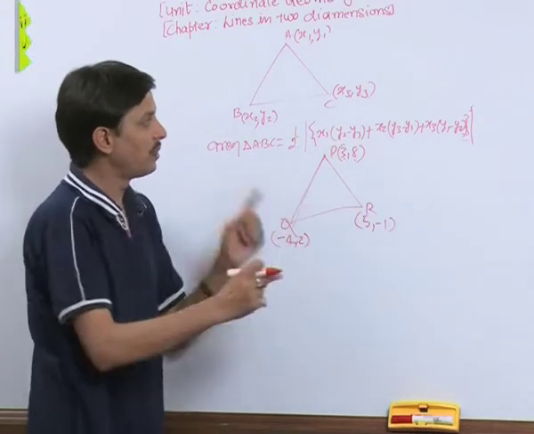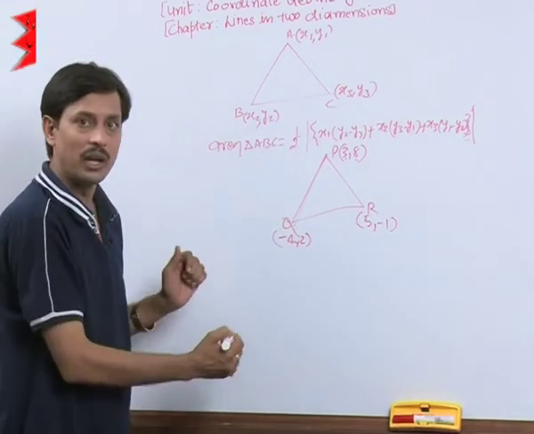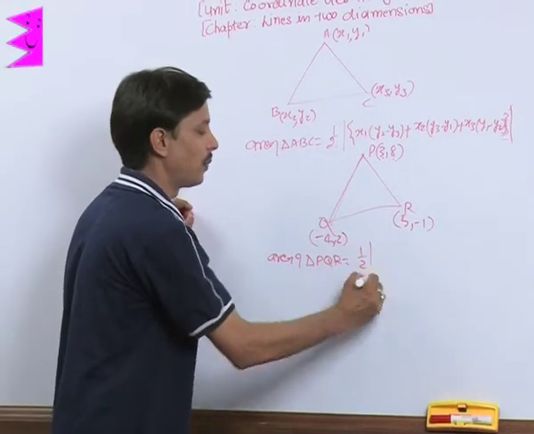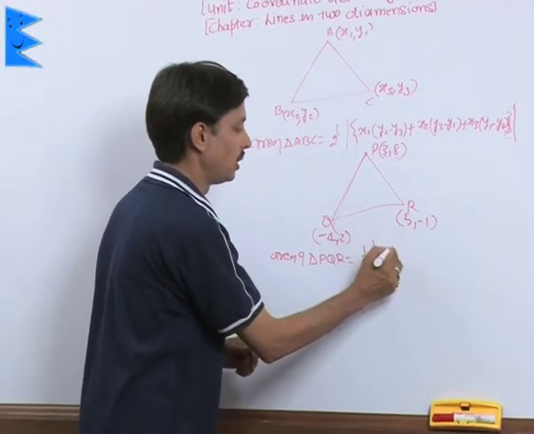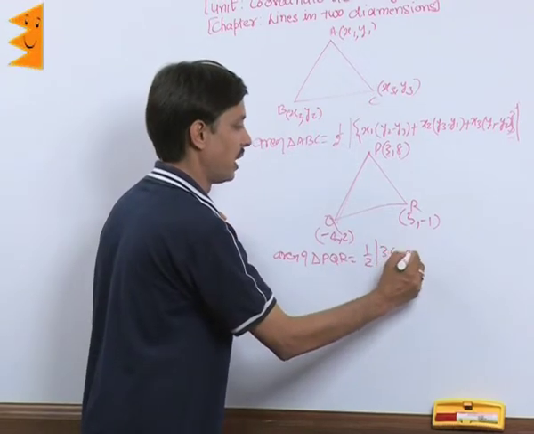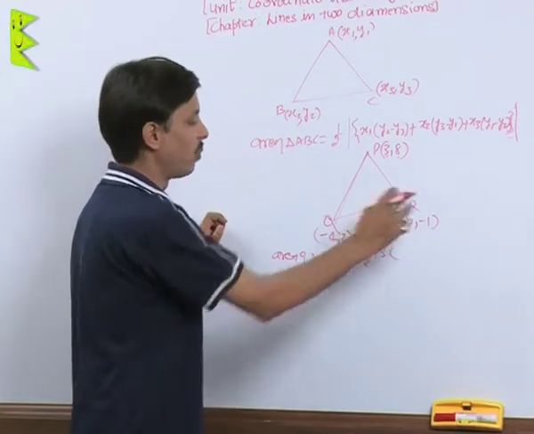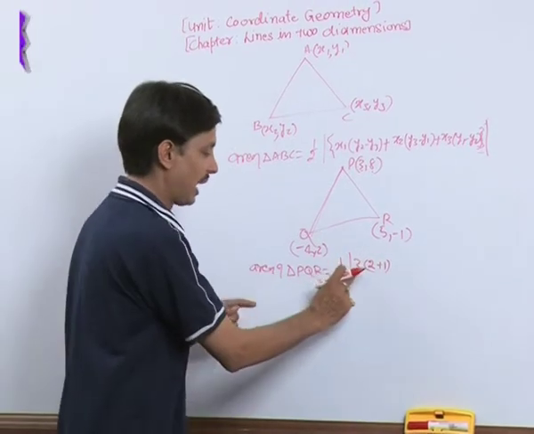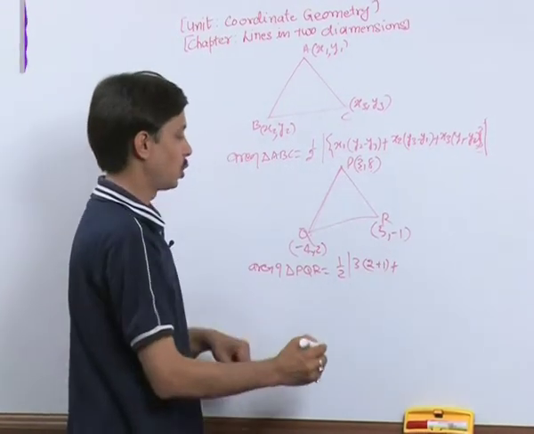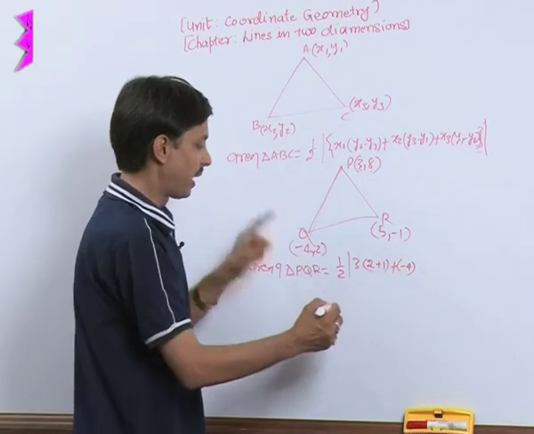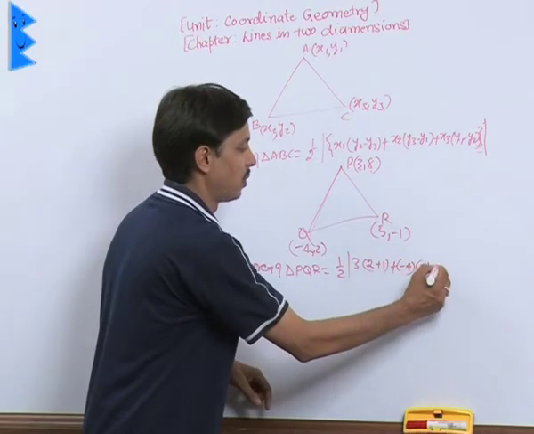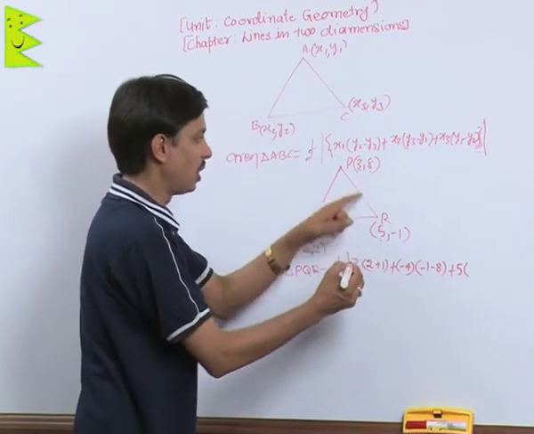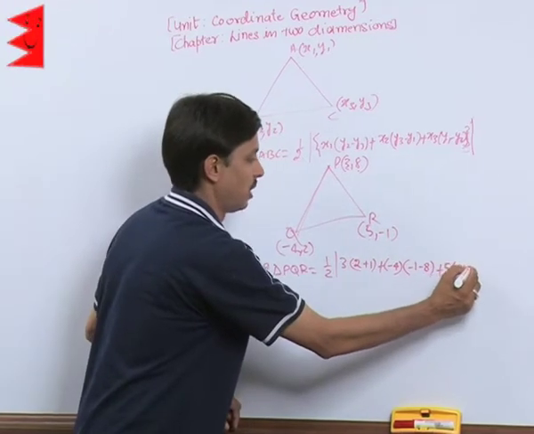If we want to find the area of this triangle using this formula, how will we calculate? The area of triangle PQR is half of mod of x1, 3, times y2 minus y3, that is 2 minus of minus 1, that becomes plus 1, plus x2, x2 is minus 4, times y3 minus y1, that is minus 1 minus 8, plus x3, x3 is 5, times y1 minus y2, that is 8 minus 2.